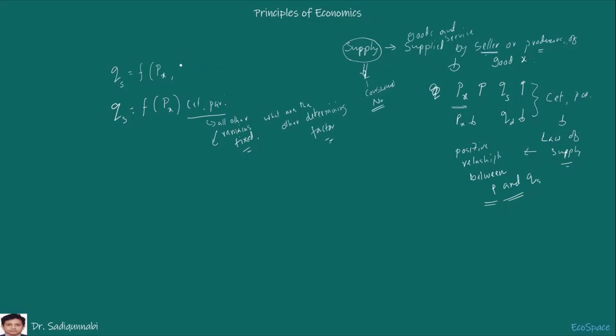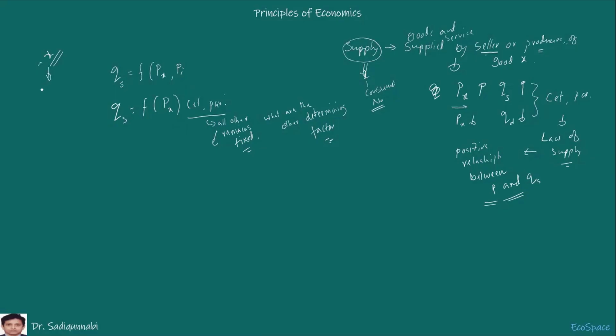A second item is called price of inputs. Price of inputs means, suppose good X is the output, then to produce good X, they need inputs, right?